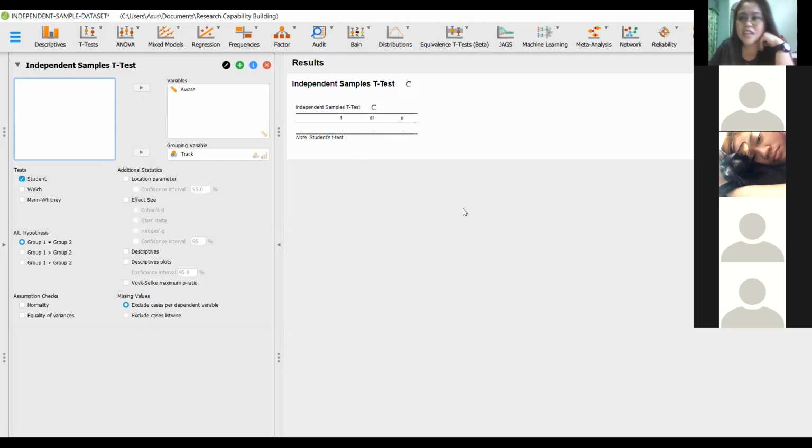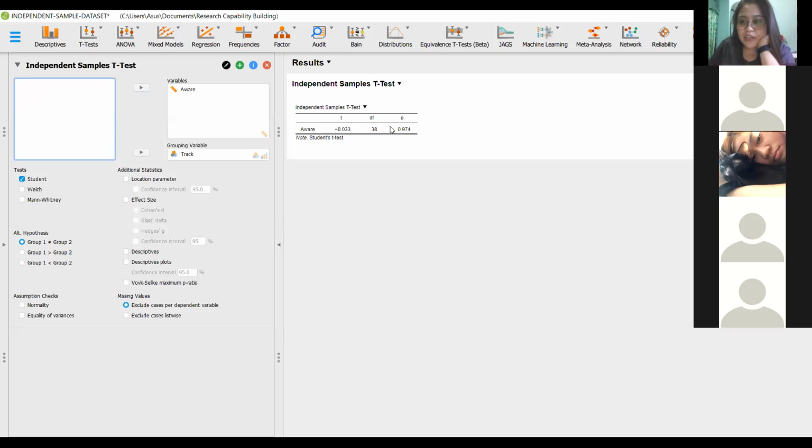Okay? In the JASP software, it computes automatically. The t-score computed is -0.033 and the degree of freedom is 38. And take note of the p-value.